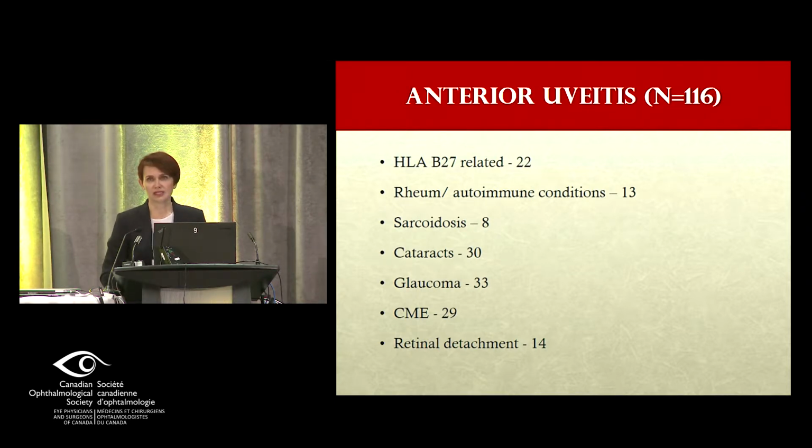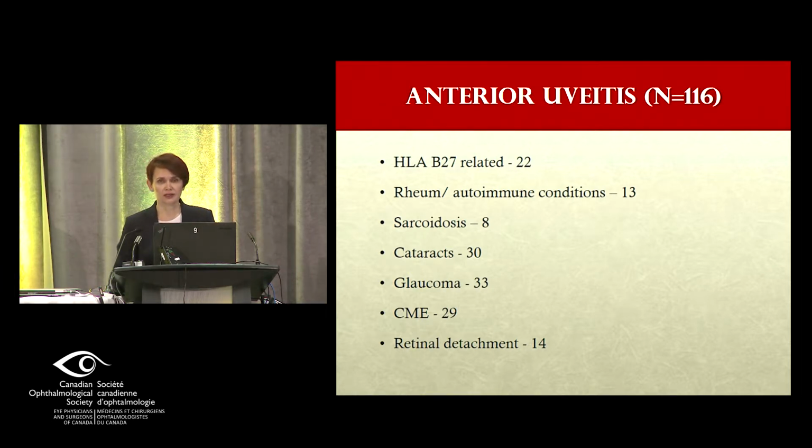Out of 116 patients with anterior uveitis, 22 had HLA-B27 positive disease, and 13 had underlying rheumatological or autoimmune conditions. 8 were associated with sarcoidosis, and in terms of complications, 30 had cataracts, 33 glaucoma, 29 CME, and some retinal detachments. So those are not very straightforward anterior uveitis cases.